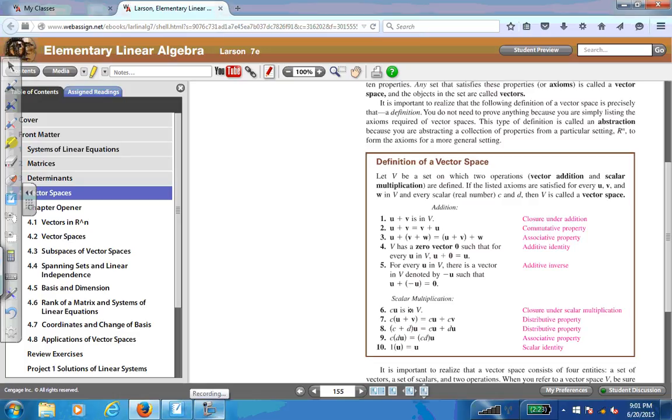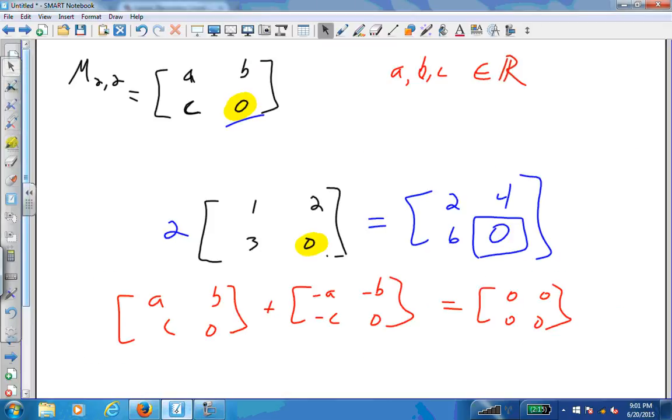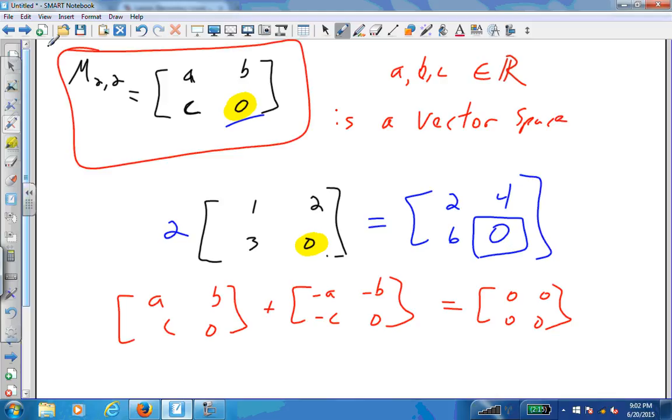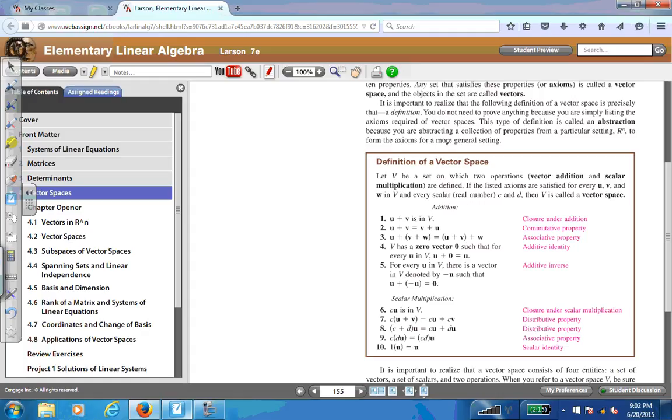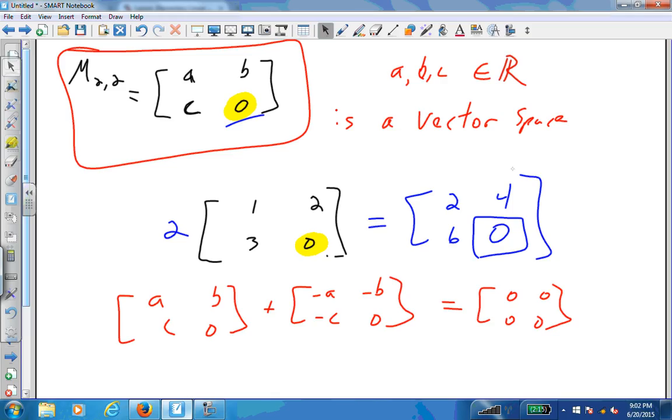We already looked at scalar multiplication. All of those will hold true. So this one is fine. This is a vector space. While this doesn't look like a vector, it has all of the 10 characteristics that work for vectors. Hence, thus, it's a vector space.